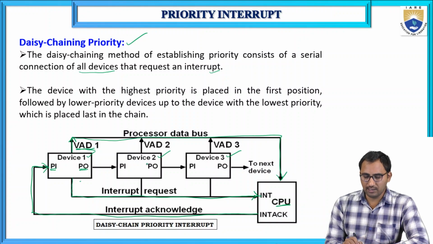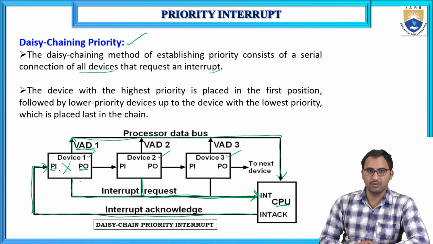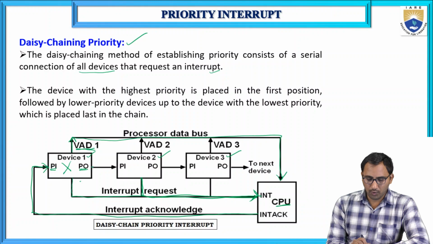Next, suppose the second device generates the interrupt request, then this line will be active. Suppose the first device has not generated a request, so what will happen? The priority output signal of the first device will be given to the priority input of the second device.